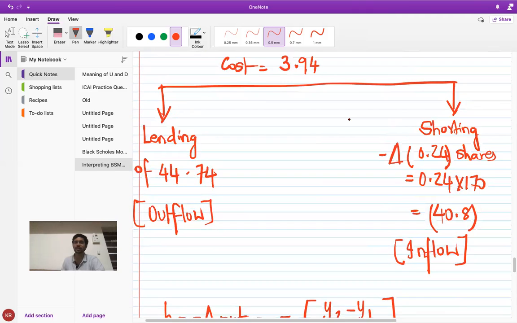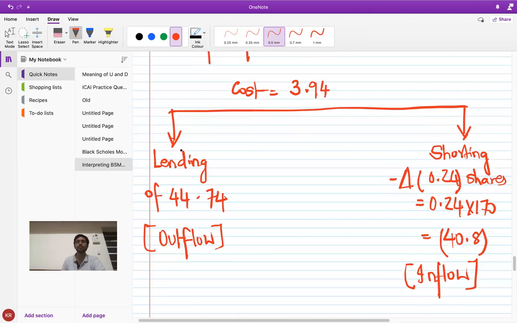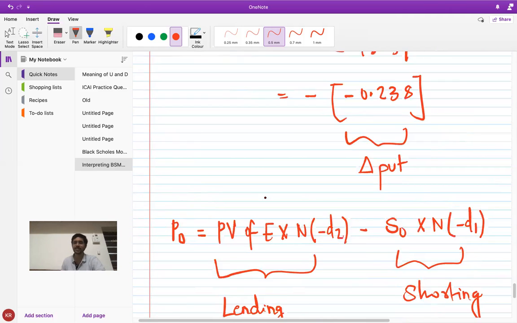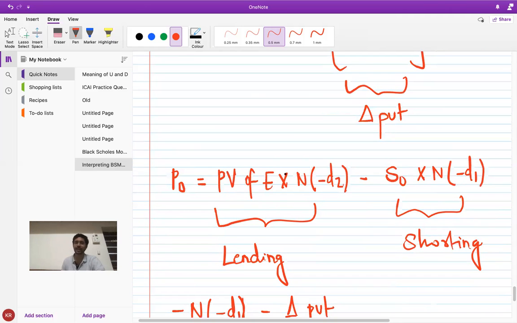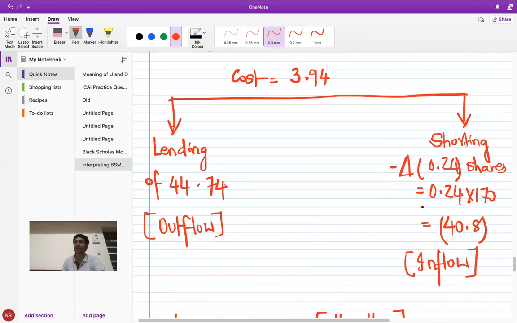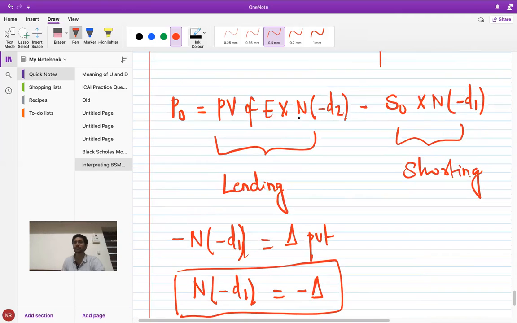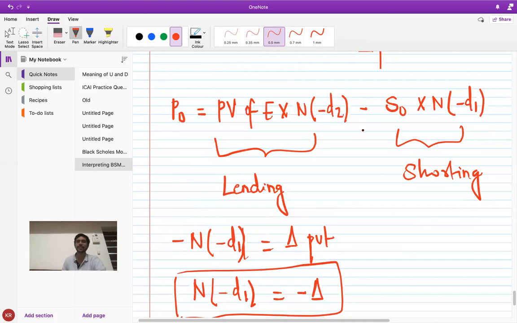In the put option under the replication model, the 3.94 was broken into 44.74 of outflow, which is this component for lending, and shorting had a cash inflow, right? That cash inflow is what they're denoting with the negative sign, and N of minus D1 is nothing but minus delta. What we referred to as H over there was also minus delta. Here also we are shorting minus delta shares.